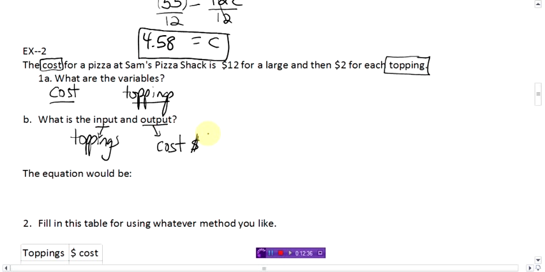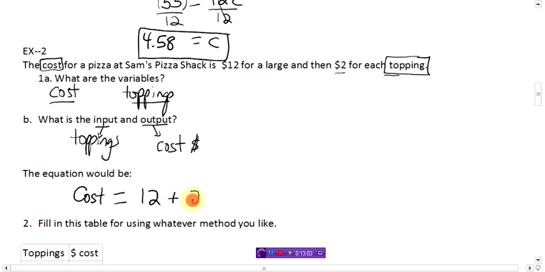What's the equation going to be? Okay, so the cost for a pizza is, remember that's the equal sign, $12 flat for a large pizza, and then plus $2 for each topping.